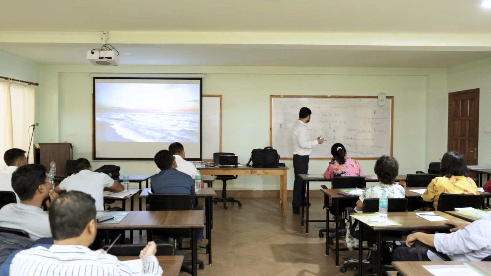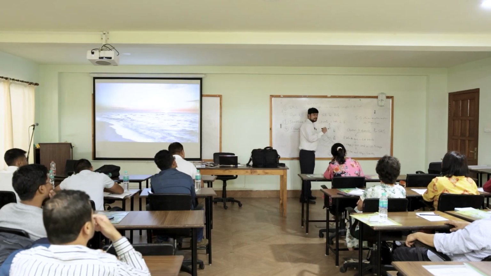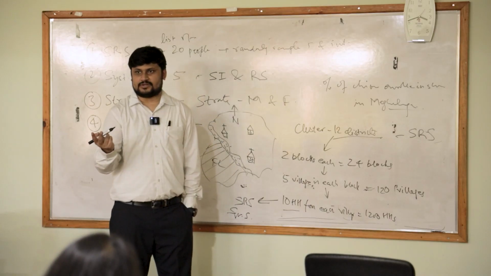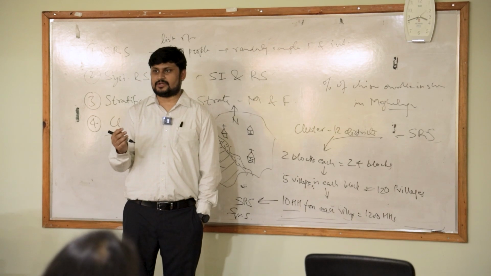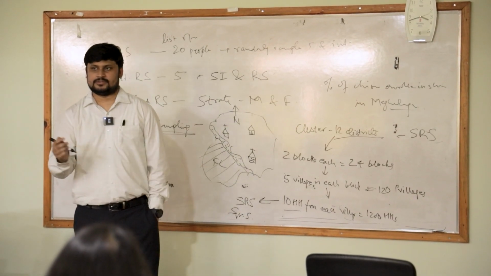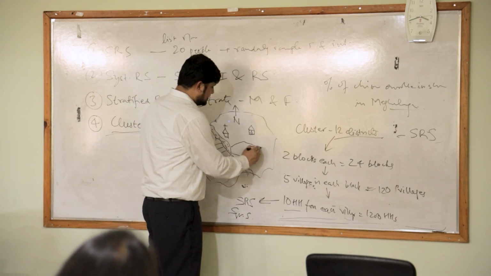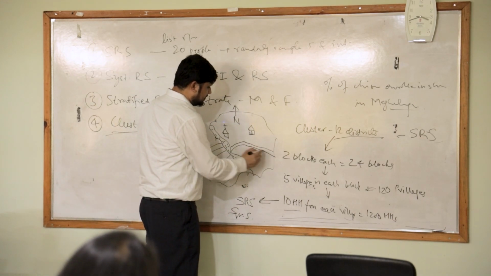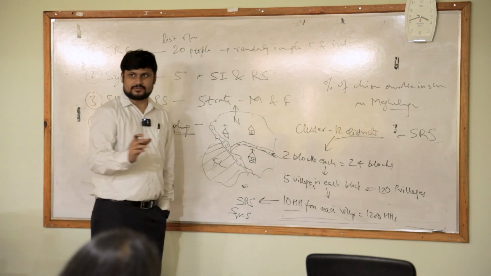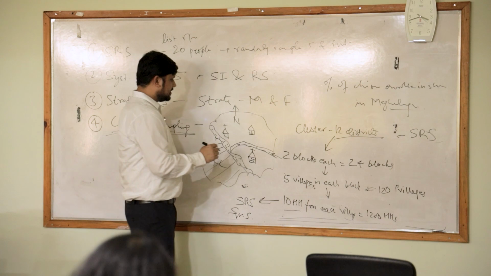Some people might say there are only two tribes in our village, or maybe three tribes, or that there are three caste categories in our village. And they might say this is the entry point of the village, and this is one road, which is not exactly a pakka road but some sort of semi-pakka road.